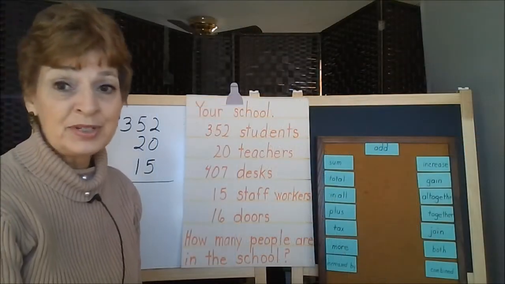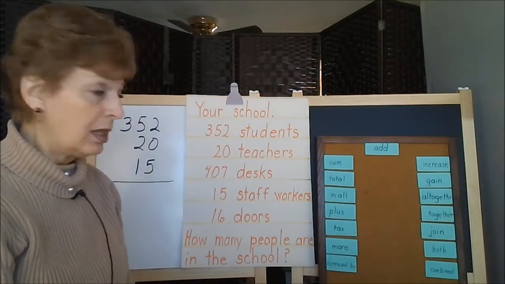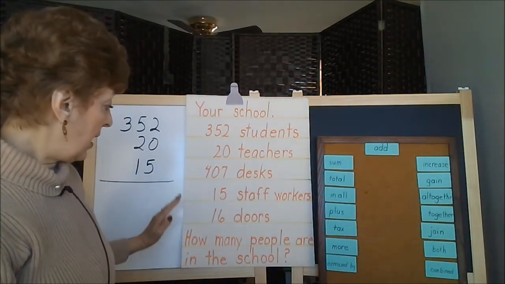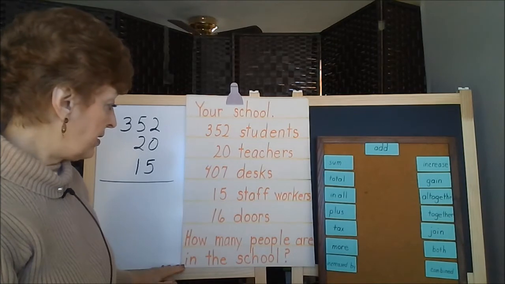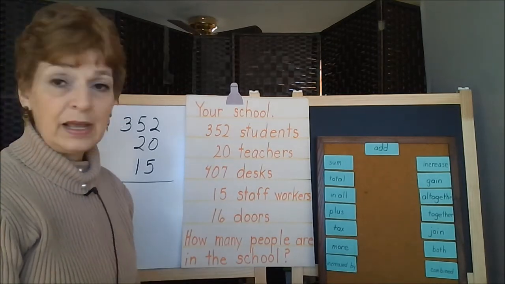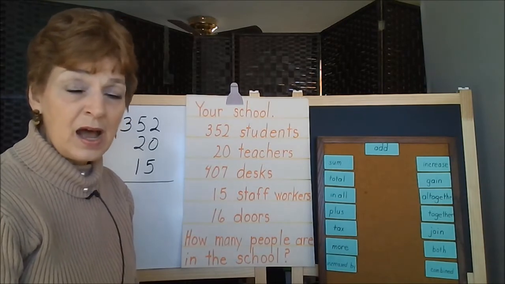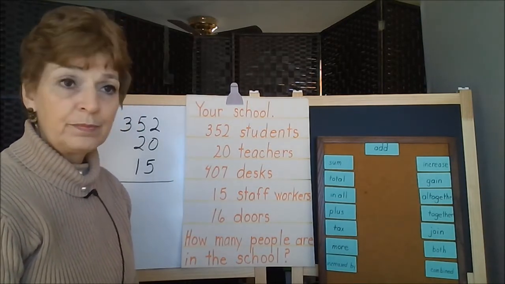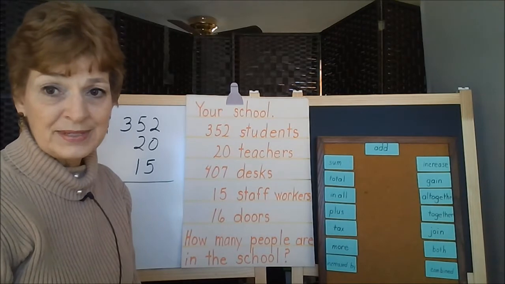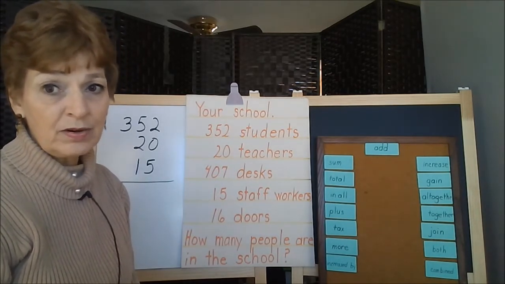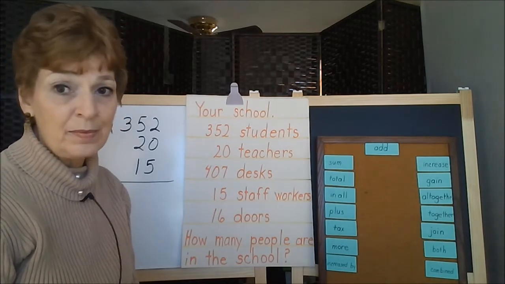Now that we found the numbers that we're going to use in this problem, let's see if we can find the word that means the operation. How many people are in the school? Your child might be tempted to say how many. I've read a lot of story problems over the years, and most of them ask their question, how much or how many?